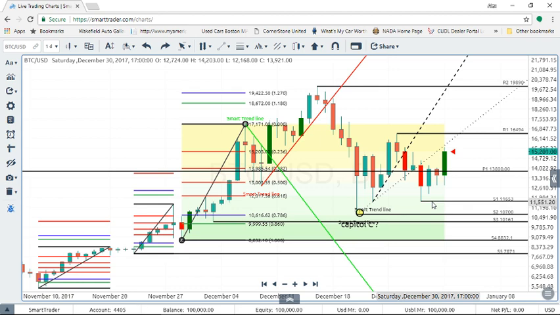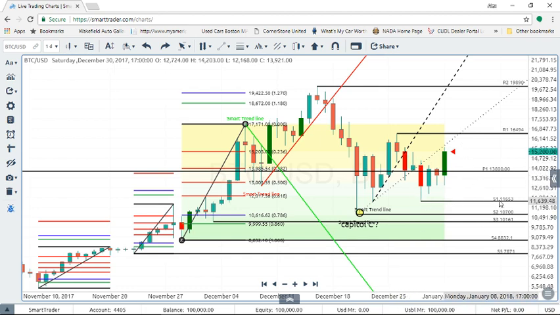Once those trend lines are broken, I tend to focus on where the pivot point is and where there's going to be support, and then I look at the next candle, and that will determine whether I see a bullish trend or a bearish trend.